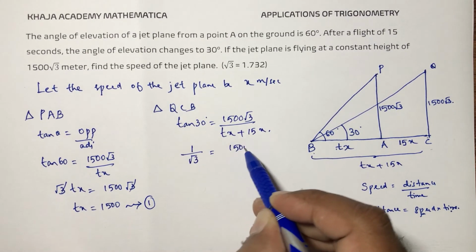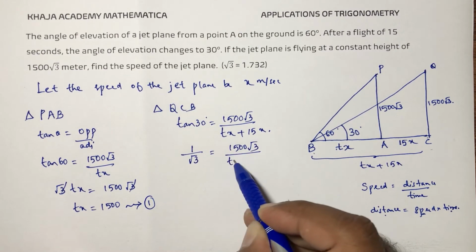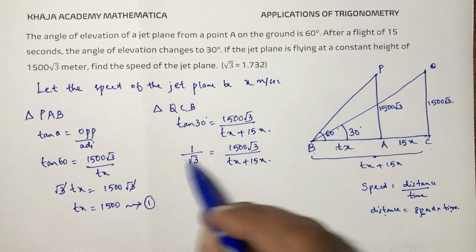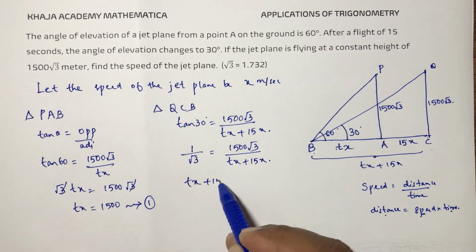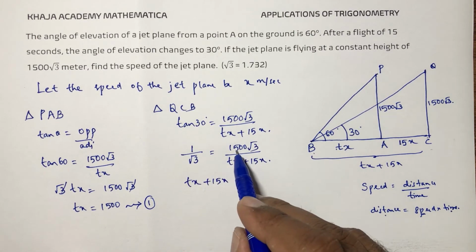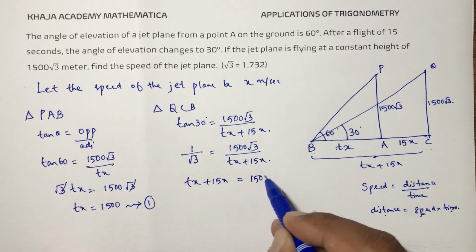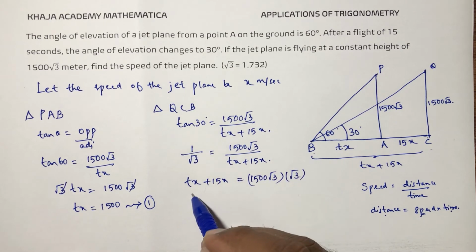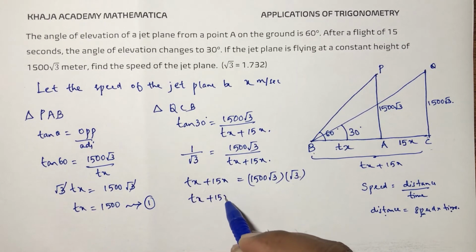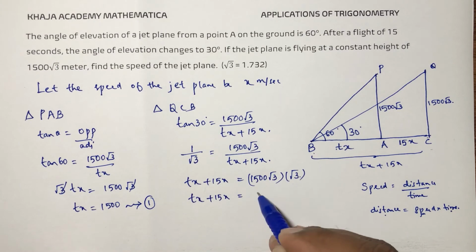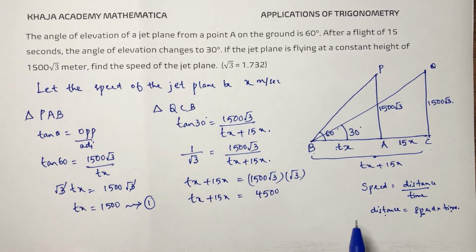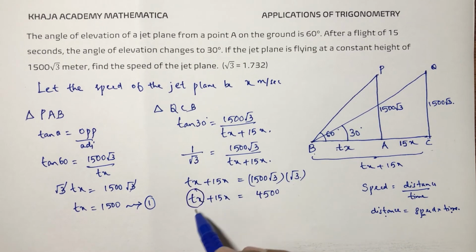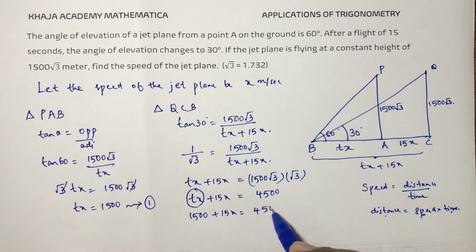Tan 30 value is 1 by root 3. So 1 by root 3 is 1500 root 3 by tx plus 15x. If you cross multiply, tx plus 15x is 1500 root 3 into root 3. Root 3 into root 3 is 3. So tx plus 15x, 1500 into 3 is 4500. Now in place of tx, substitute the value 1500. 1500 plus 15x is 4500.